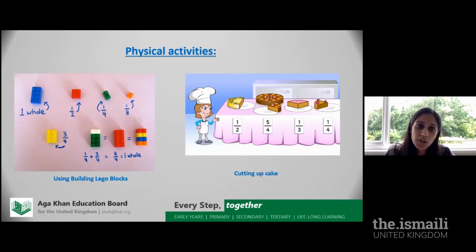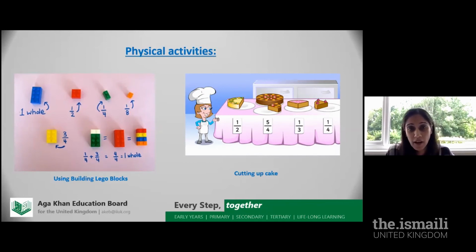And then what you can do with the child is ask them to put them in order of size, count the studs, and then write the fraction next to it. So for example, the blue block there represents 1 whole, and then half of that, which would be 4 small studs, half of the 8 studs, would represent a half. So they can physically see what a fraction looks like.